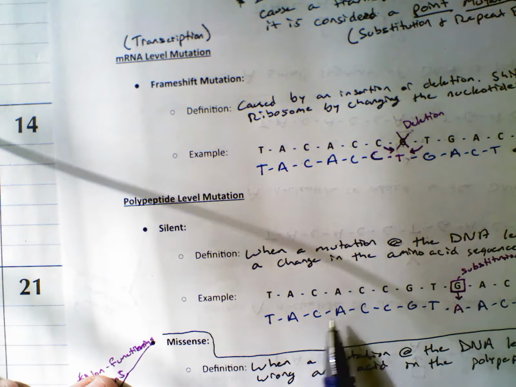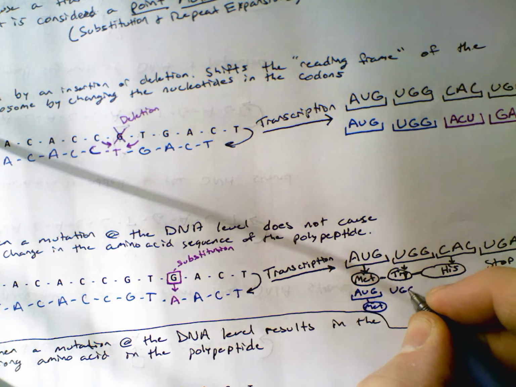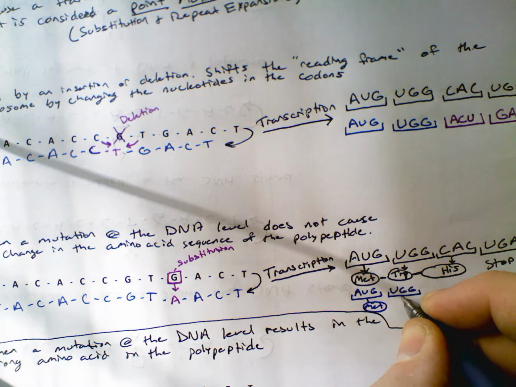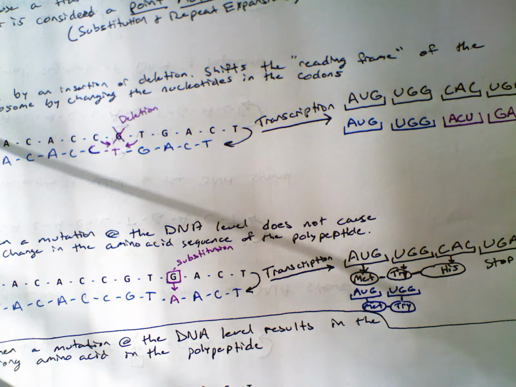Okay. ACC is unimpacted, so we still get UGG with tryptophan. So far, this mutation's had no impact.